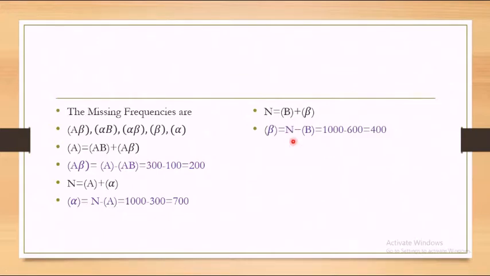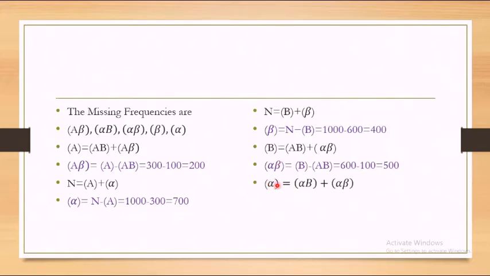For that I am going to consider the formula N is equal to B plus β, right? So β is equal to N minus B, which is equal to 1000 minus 600, and that is equal to 400. Now I'm going to find out αβ. For that I'm going to consider B is equal to AB plus αβ.